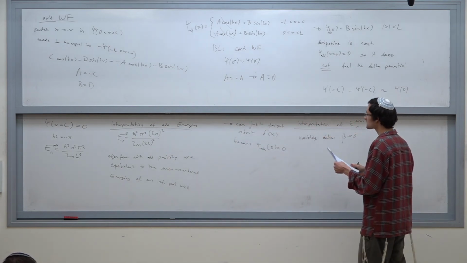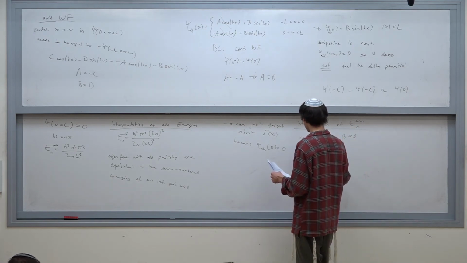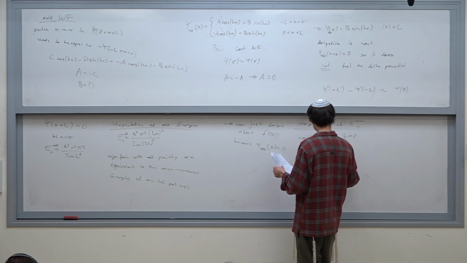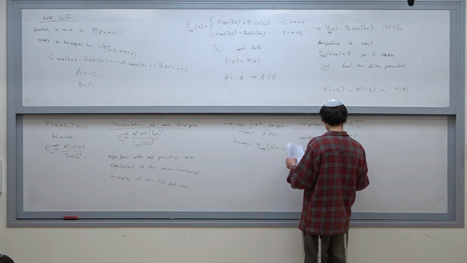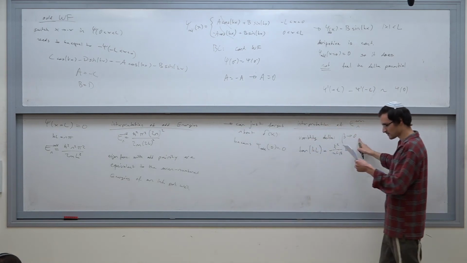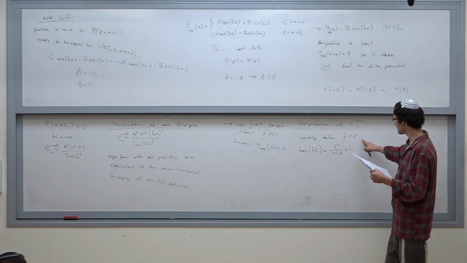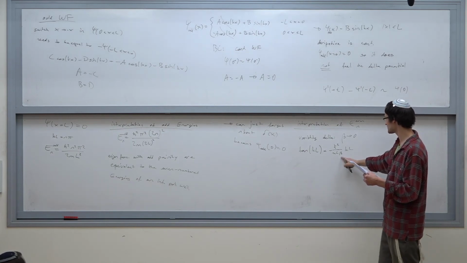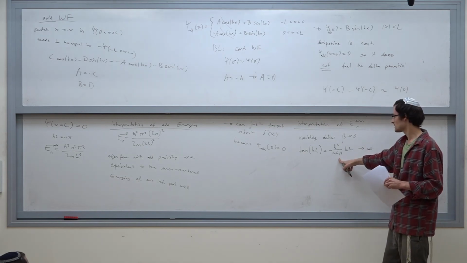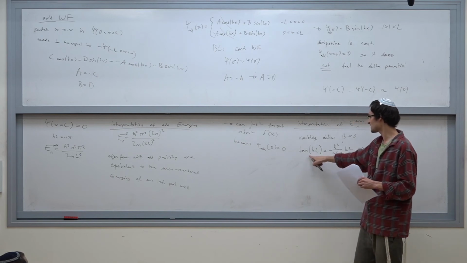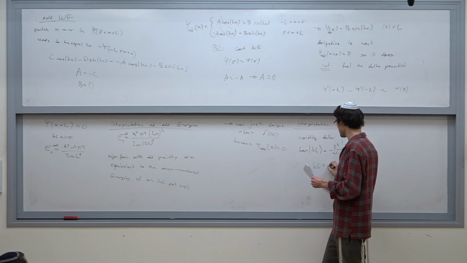So let's look at our transcendental equation, where tangent of KL equals minus h bar squared over m L beta KL. And I'm taking the limit where beta goes to 0. So if beta goes to 0, this goes to infinity, right? So the tangent of KL is equal to infinity.